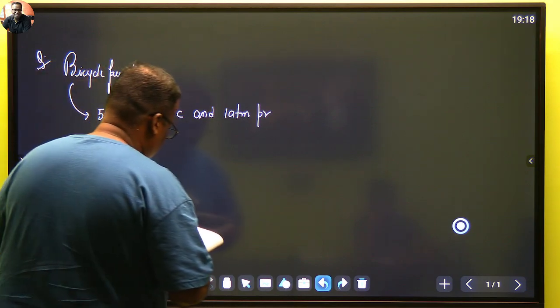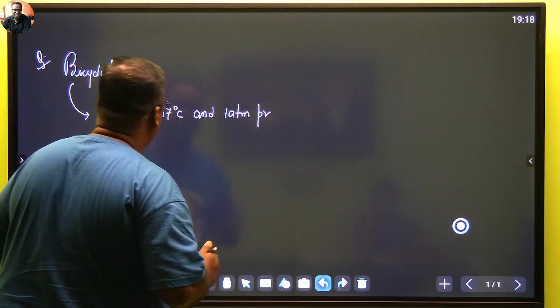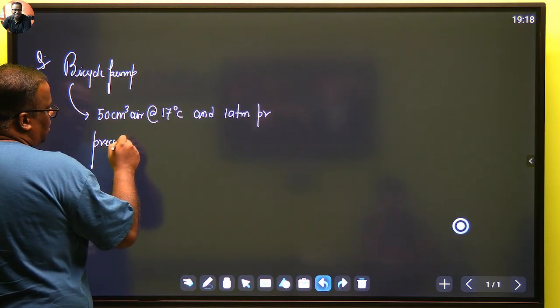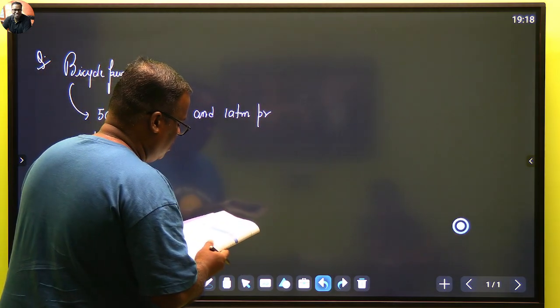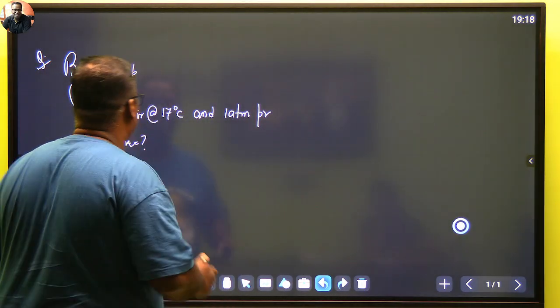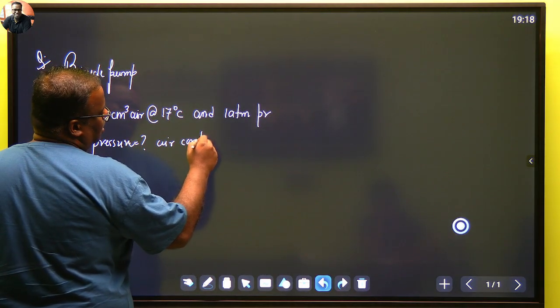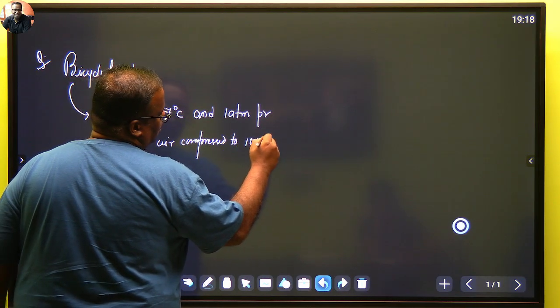That's 1 atmosphere pressure. Now you need to find the pressure. Find the pressure when the air is compressed. The air has been compressed to 10 centimeter cube.